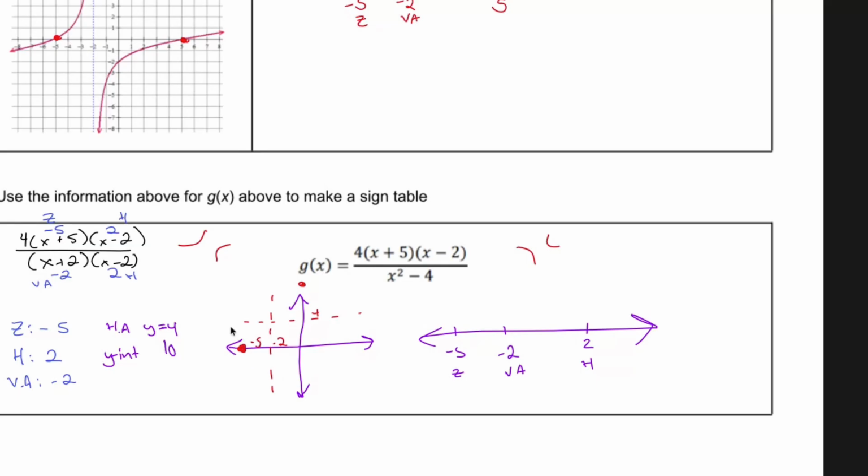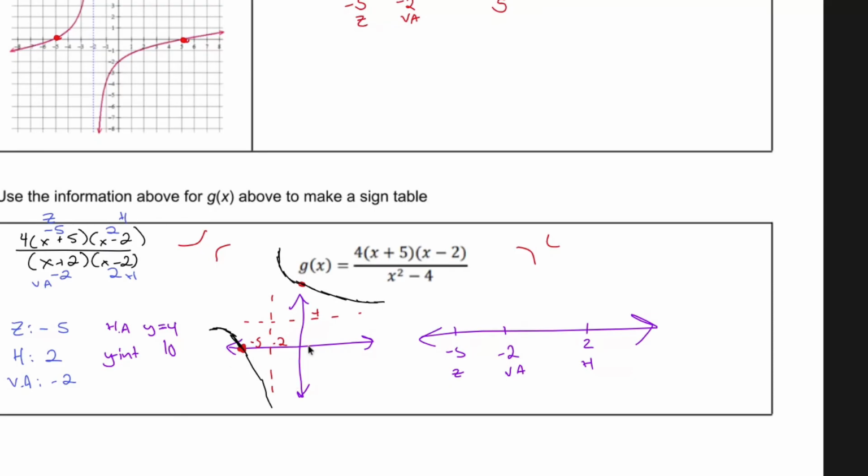Why? Because it's supposed to live down here. It's supposed to flatten out over here and come down here. Then it's supposed to reappear way up here, go through 10, and flatten out at 4. This is the only way that this is going to make sense based off of the dots that we have.